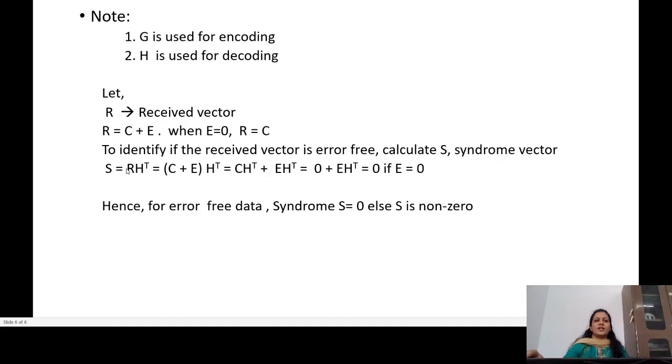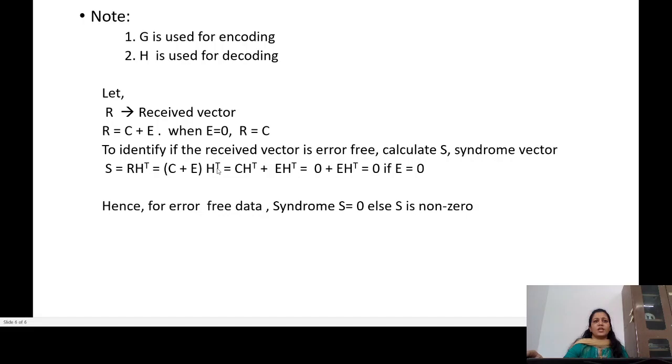Syndrome vector is generally calculated by multiplying the received code vector with H transpose. Received code vector, we know that it is nothing but the transmitted code vector plus the noise whatever is added during the transmission, that is C plus E. Therefore, R is replaced here as C plus E, and we will write H transpose as it is.